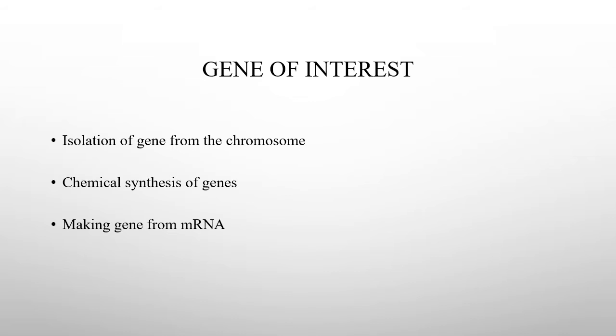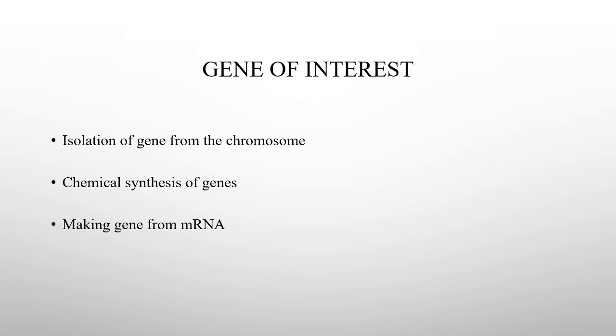Or we can make a chemical synthesis of genes. When we know the sequence of the gene or the nucleotides, we can make it in a laboratory, because we can make molecules in a laboratory setting. So if we know the sequence of nucleotides, we can easily make it in a laboratory.